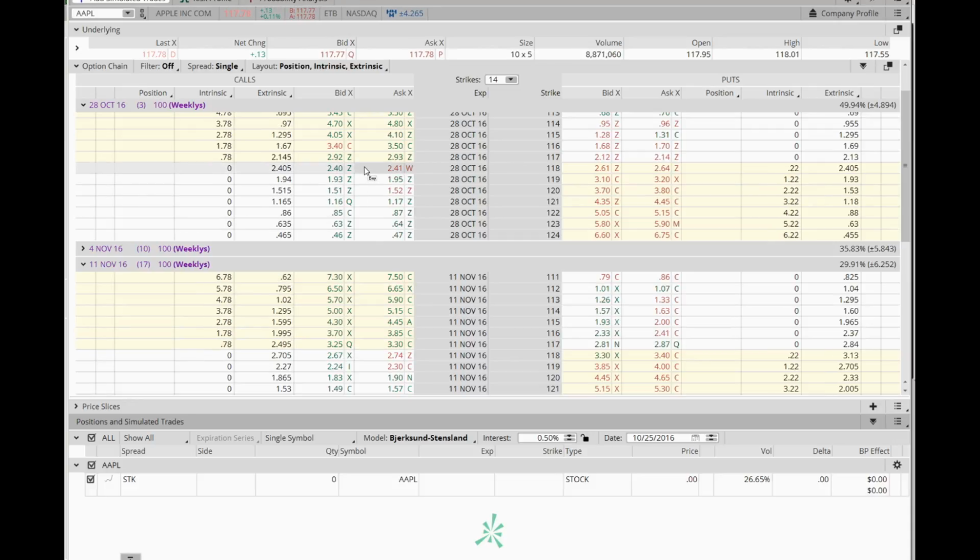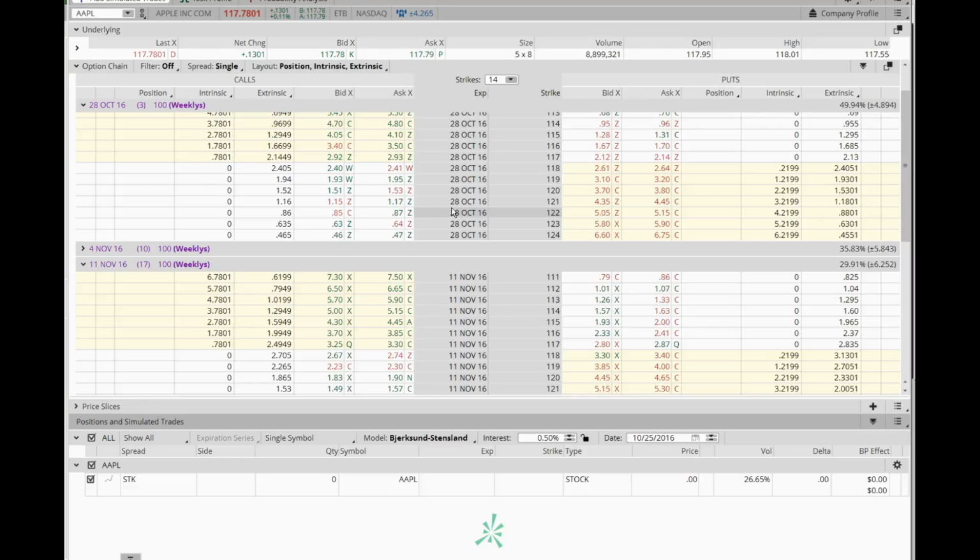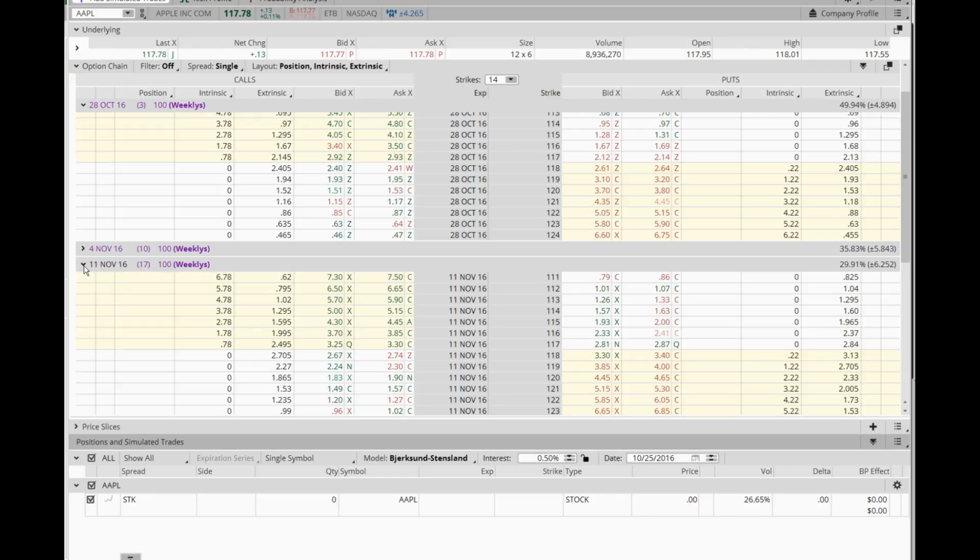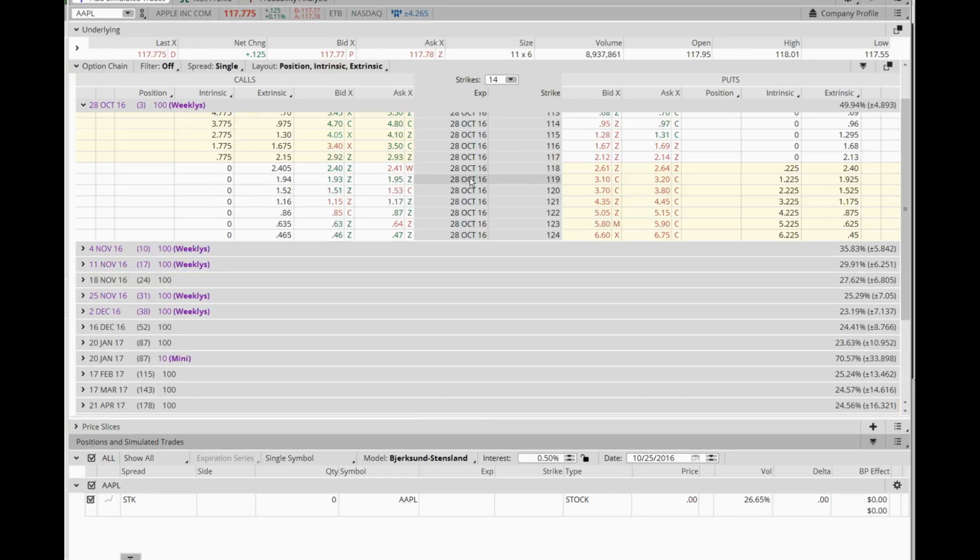That means this option premium is now very expensive for 28 October expiry because of the earnings announcement tonight after market close. So now we are going to do what we call an earnings income trade. An earnings income trade is different from a normal S&P 500 income trade. I will explain in more detail later.